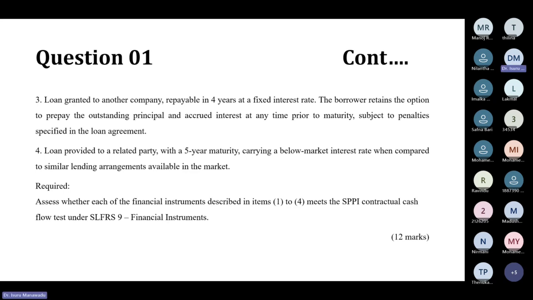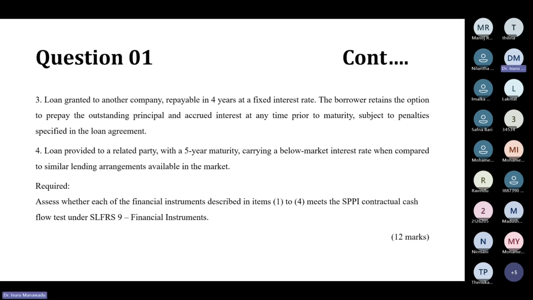Loan provided to a related party with 5-year maturity, carrying a below-market interest rate when compared to similar lending arrangements available in the market. There can be such things. We are providing loans to employees at concessionary rates below the market rate. That's what we are saying, concessionary rate.